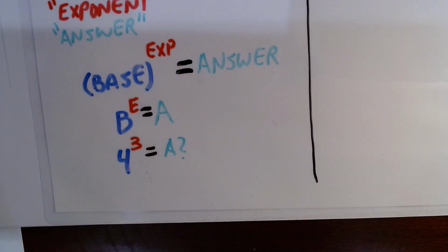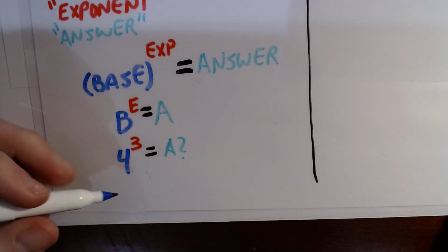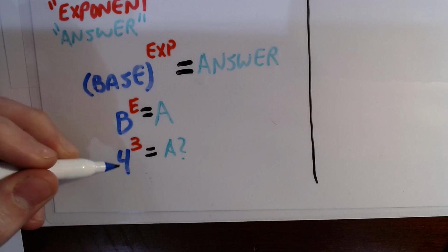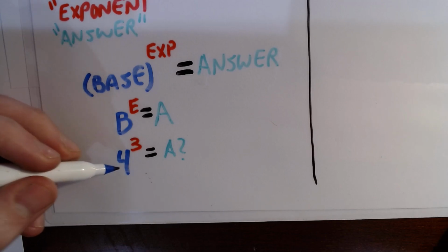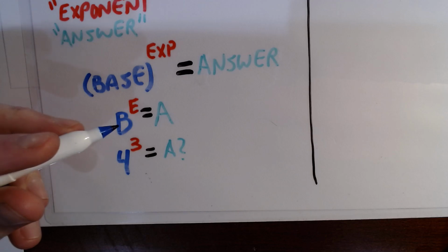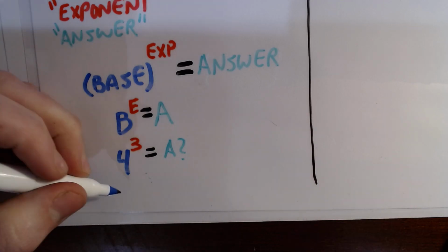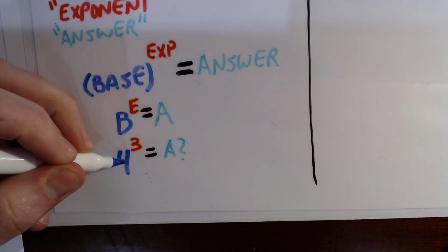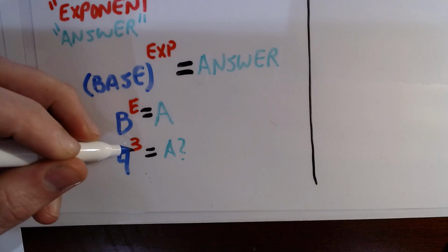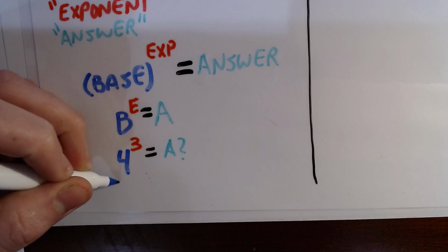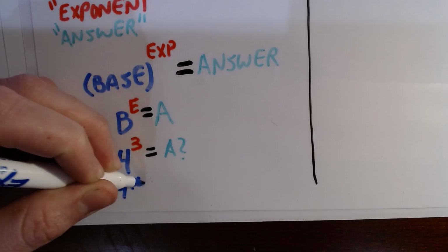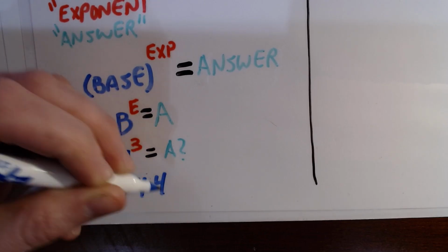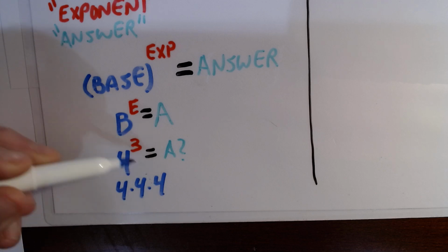Well, again, the base is the number you're working with. You're working with the 4. What do you want to do with that base? Well, we want to take 3 instances of it and multiply them together. So 4, 4, 4. How many 4s do I have? 3 of them. That's your exponent.